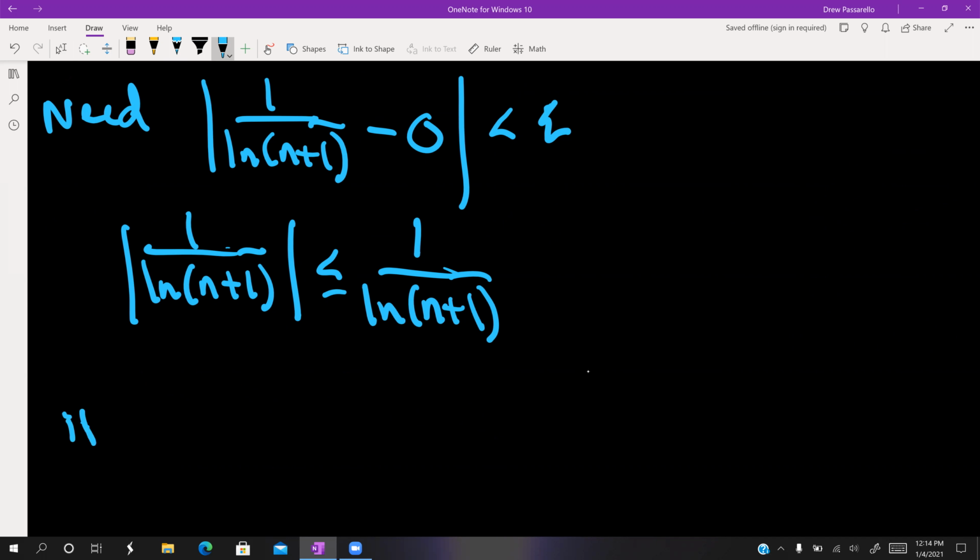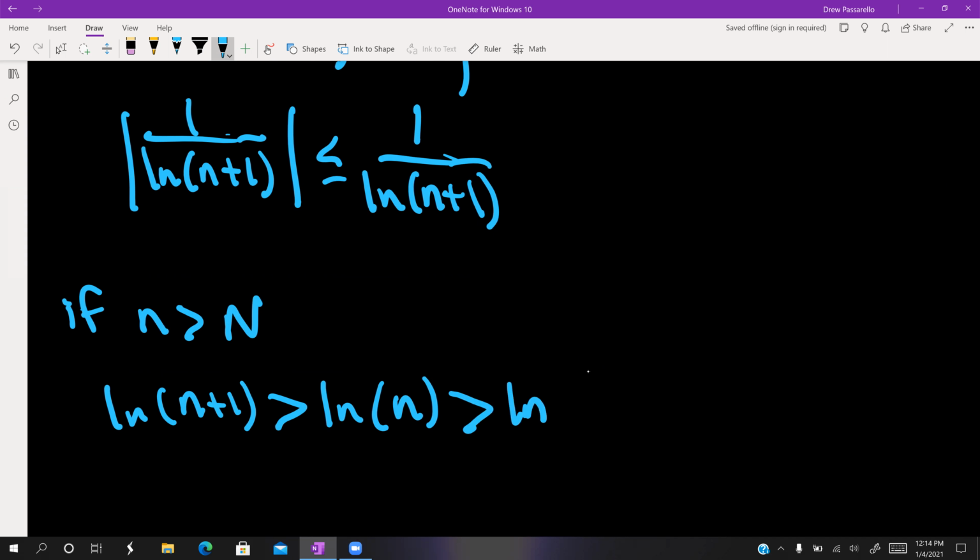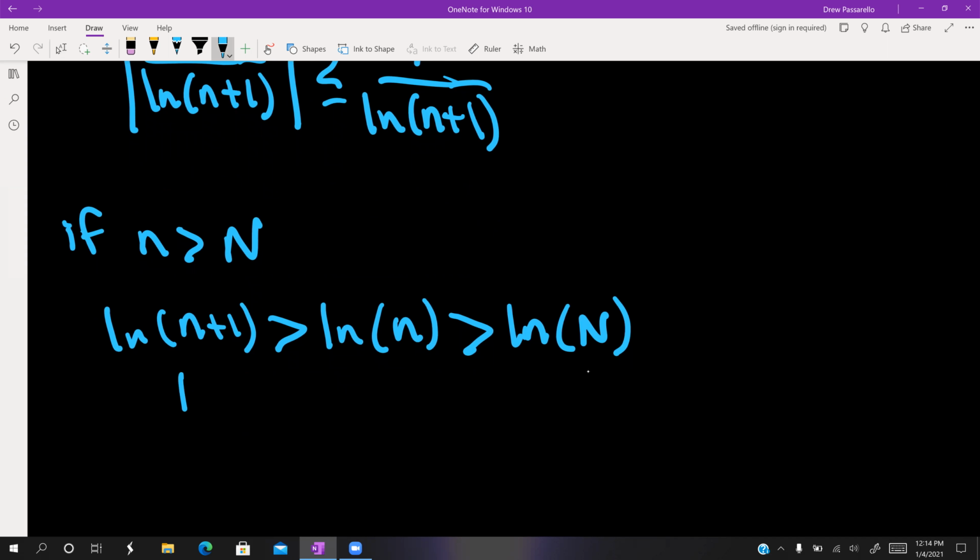So if n is bigger than capital N, then the natural log of n plus 1 is going to be greater than the natural log of n, since you're taking the natural log of a bigger number, and the natural log of n is going to be greater than the natural log of capital N, since little n is bigger than capital N. So that's if and only if we can take the reciprocal of these, and it reverses the inequalities.